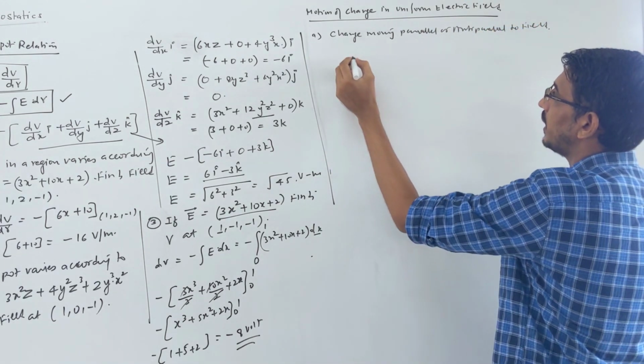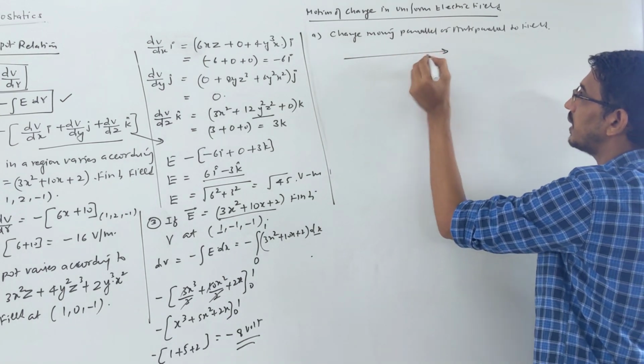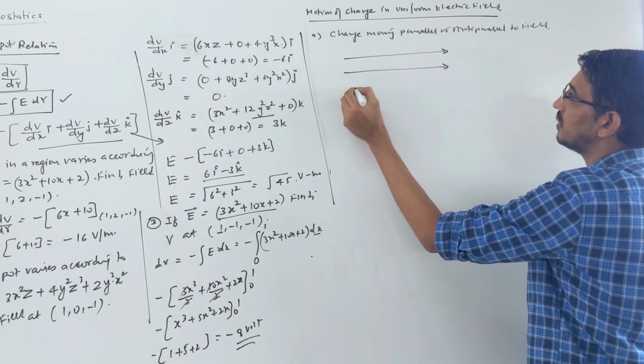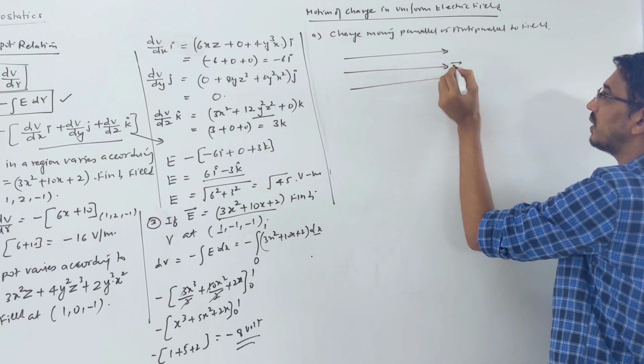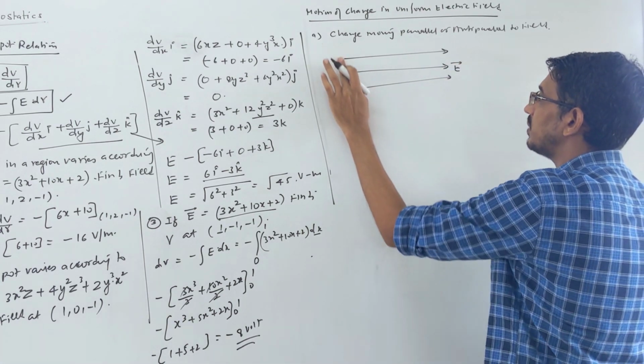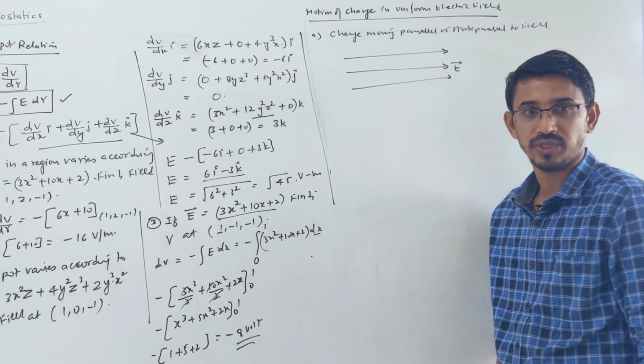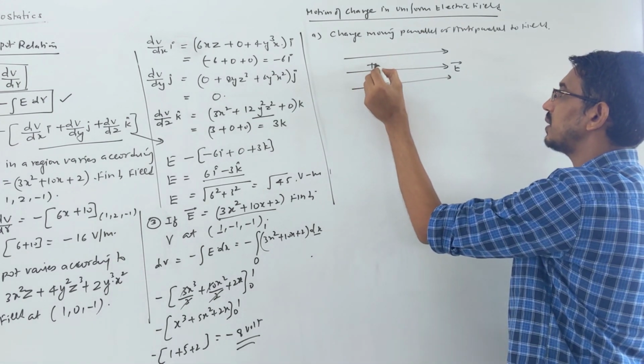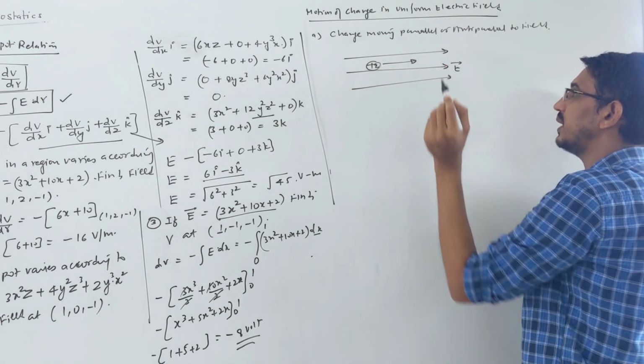Suppose these lines represent the direction of the field, and some charge is moving parallel or anti-parallel to this. Suppose you put a positive charge q here and it moves in this direction.